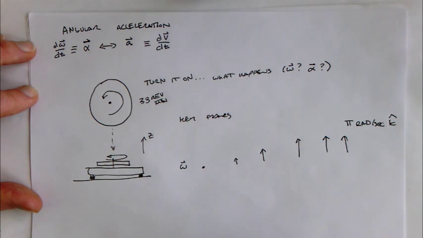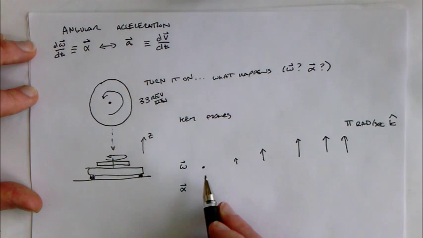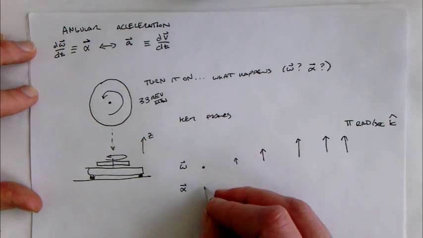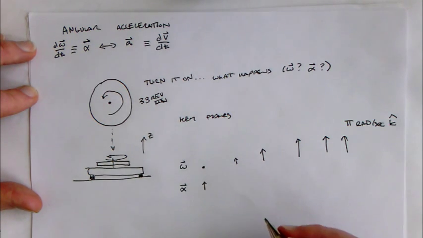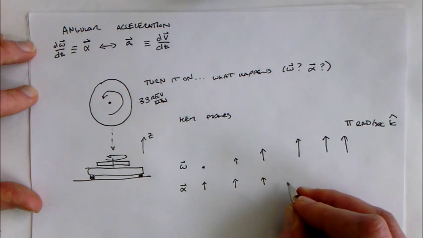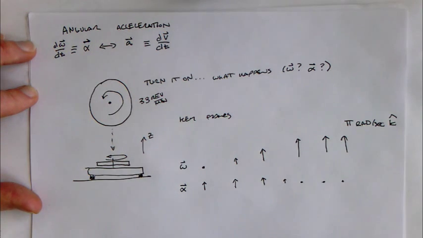Okay. If we think about alpha, or the angular acceleration, well, initially, the angular velocity is increasing, and it's increasing in the positive k-hat direction. So I would say my initial value of alpha was positive, and in the k-hat direction, and it stays positive, but gets smaller, and finally becomes 0 once the record player is spun up to its final velocity.